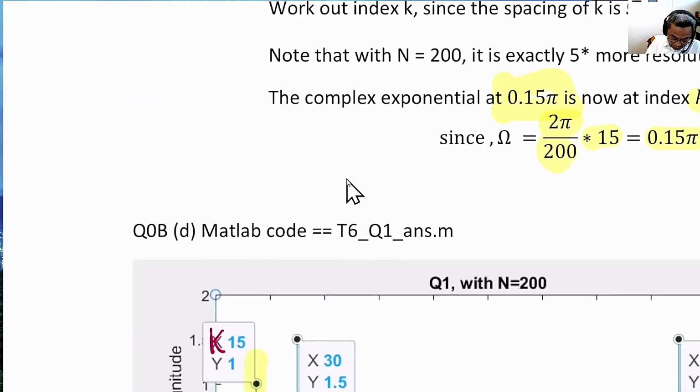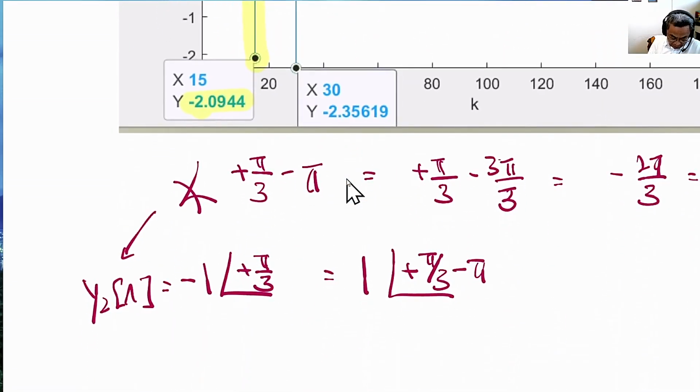I'm going to write this in this notation, where minus 1 with the phase shift of plus pi over 3, of course with 0.15 pi n. Now we move the minus into the phase, so it'll be 1 with phase pi over 3 minus pi.